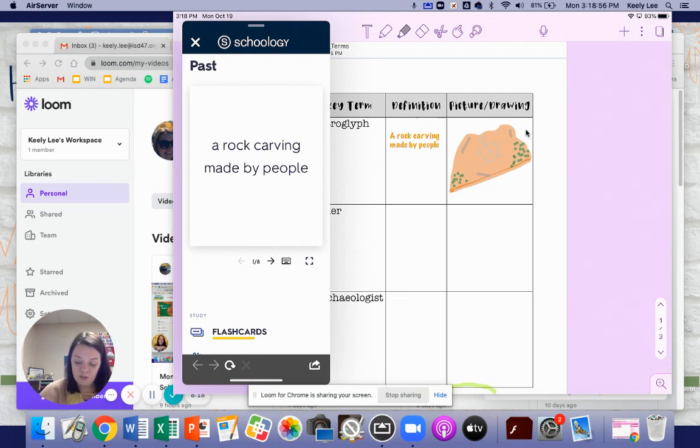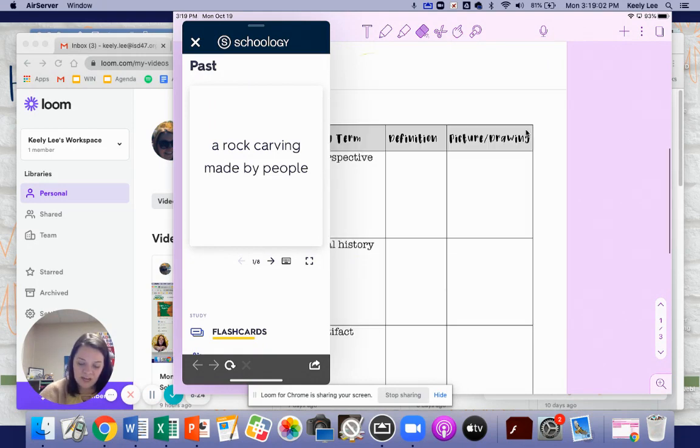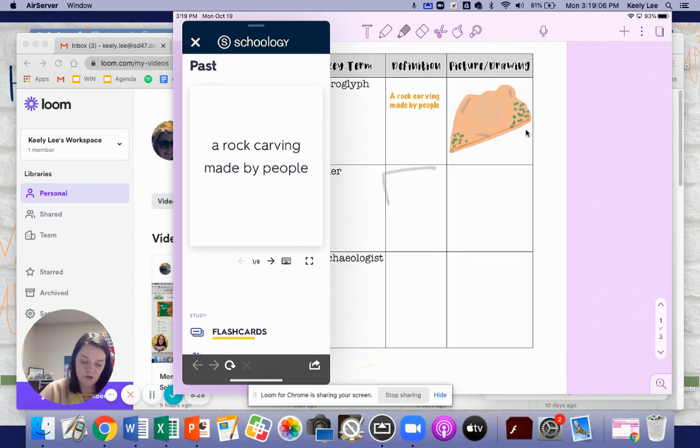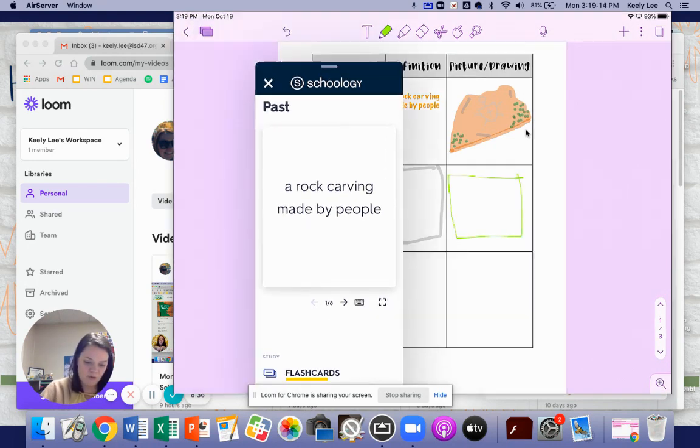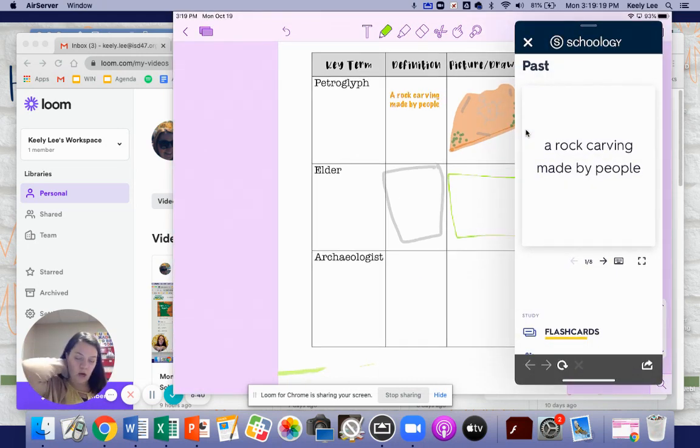Okay, and then I'm going to do that 5 more times. Okay, where I write our definition in here, and then I draw a picture in here. Now, 6th graders, some of these are going to be a little bit more of a scene.